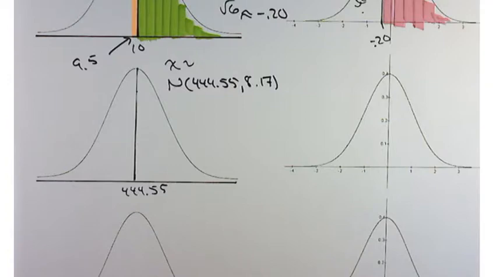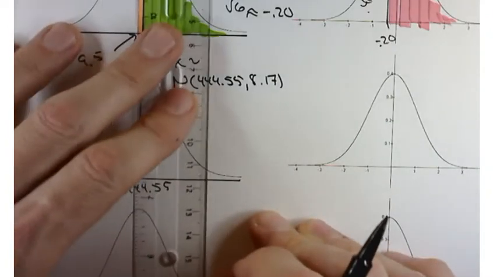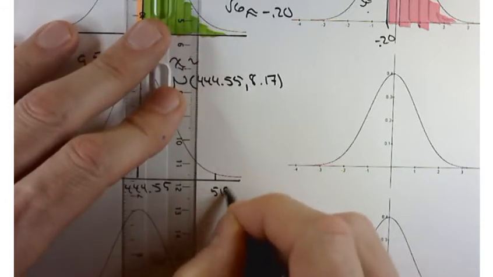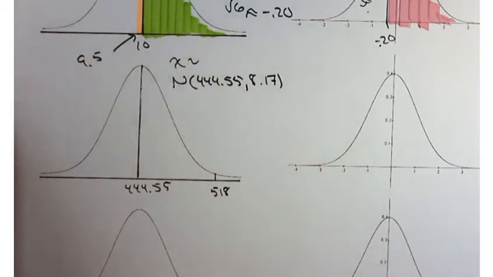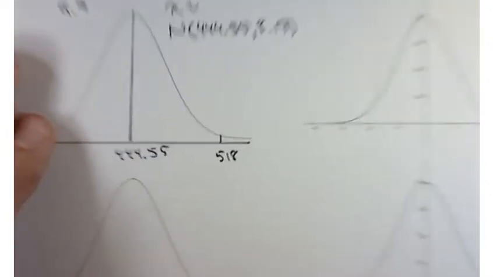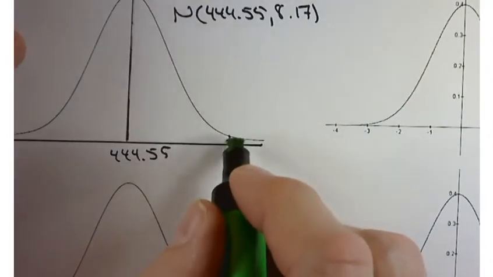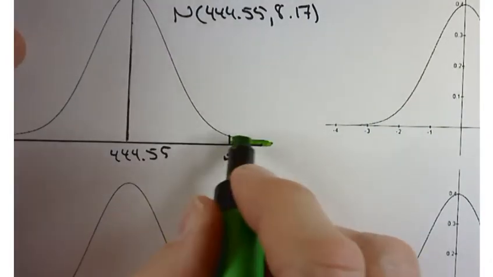Does this look like it's going to be a really big probability or a really small probability? Really small. Yeah, it's looking really, really small. So 518 is out here in the right tail. And I'm sure that I'm not drawing it far enough out there, but I want to at least draw something so you can see it. Silver color in that little sliver right there.